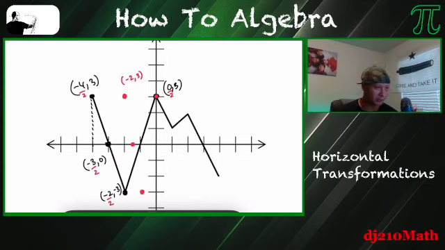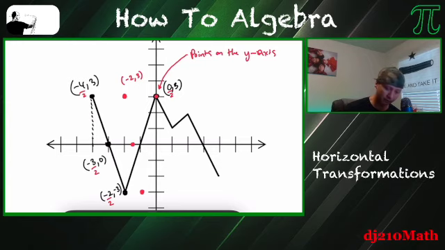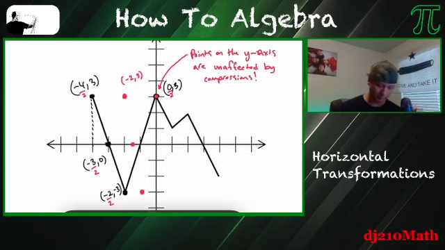So right now we learn that points on the y-axis are unaffected by horizontal compressions. All right, let's see the next point. This is going to be 1, 1.